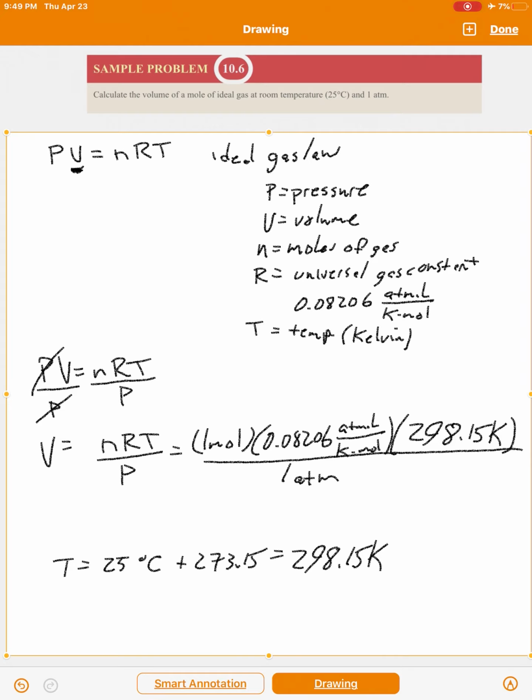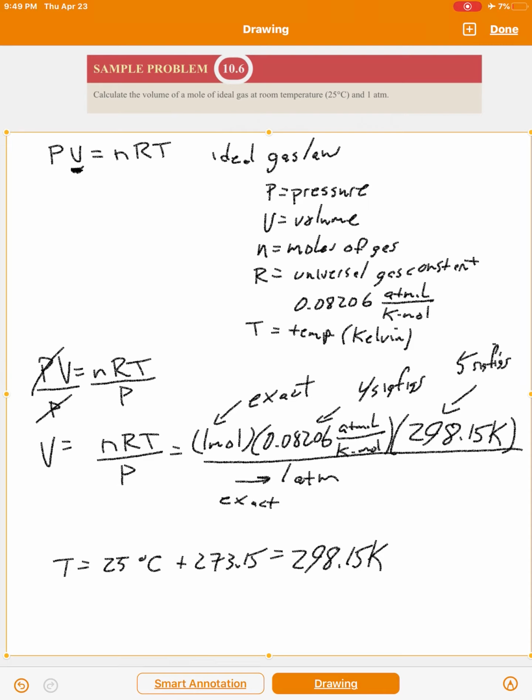I assume when the author does 1 atmosphere and a mole, they're assuming that these are exact numbers. And so looking at this, it actually looks like this one has 4 sig figs, and this one has 5.